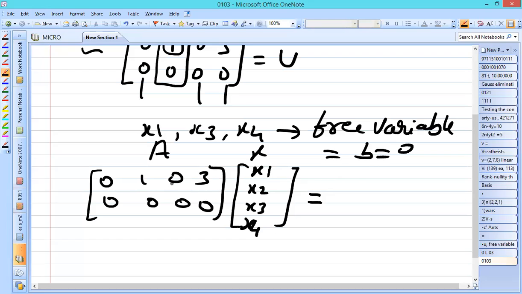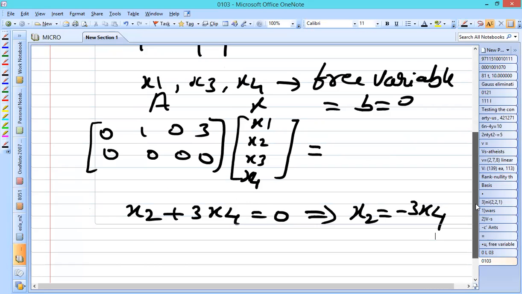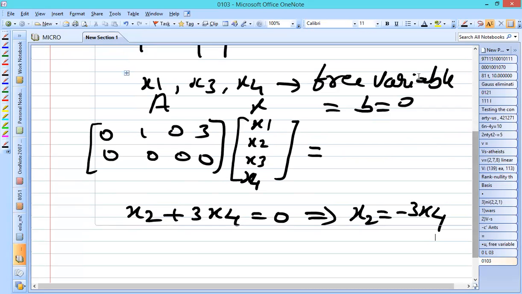Now if you simplify this expression, whatever Ax we have, it gives x2 plus 3x4 is equal to 0, which implies that x2 is equal to minus 3x4. As I told, x1, x3, x4 are the free variables, and they can take any values.